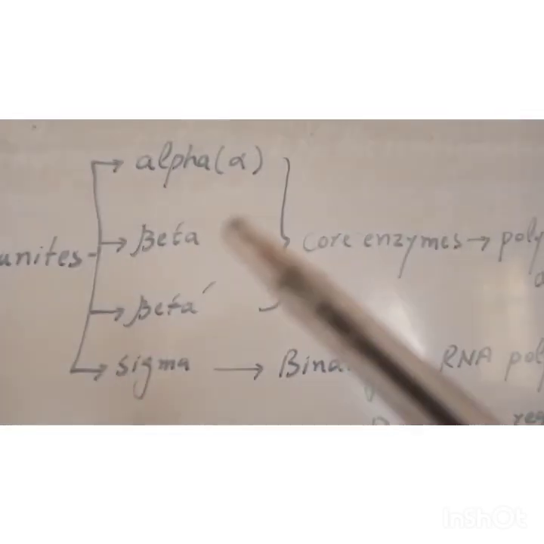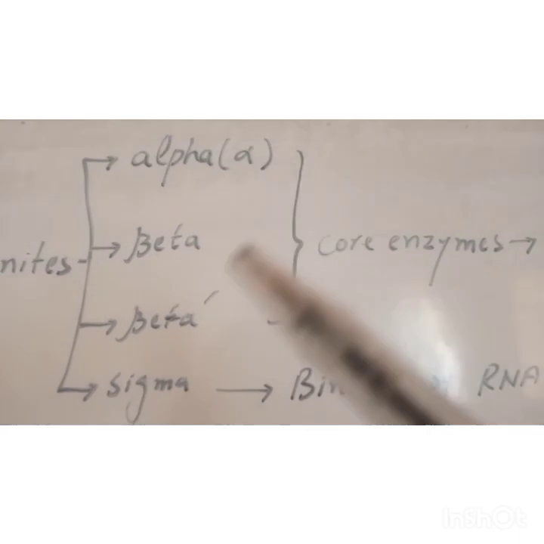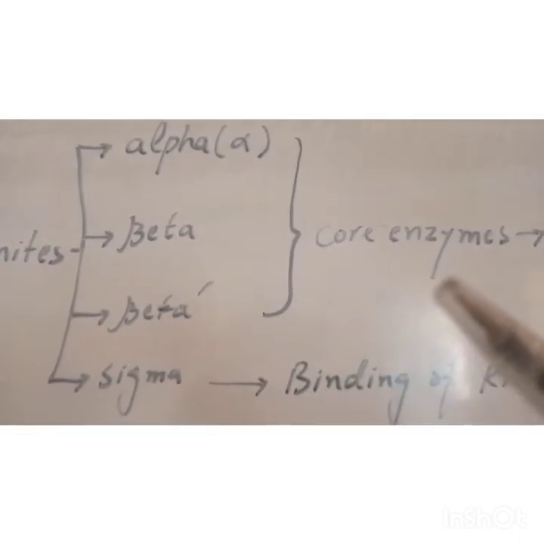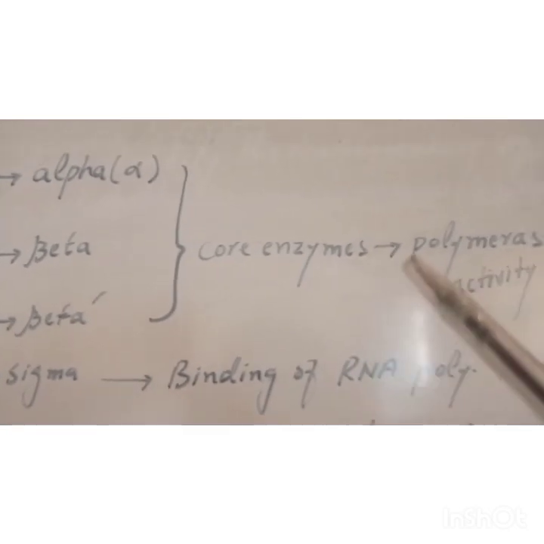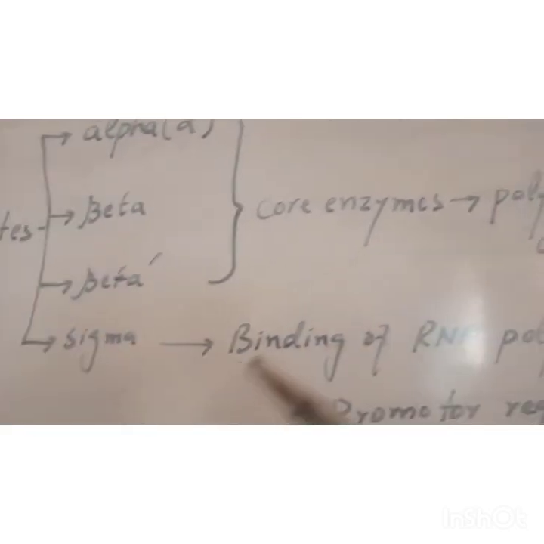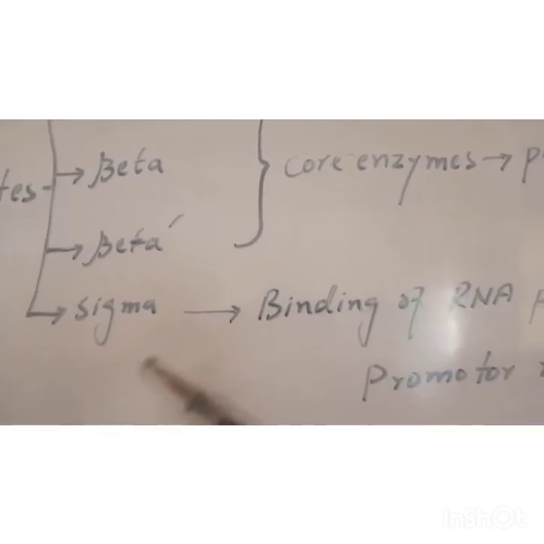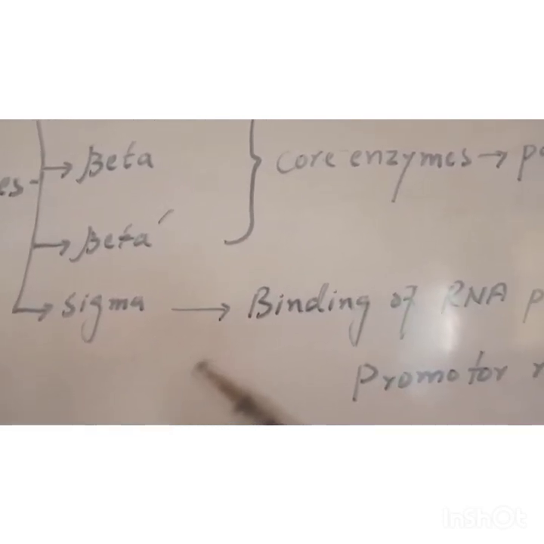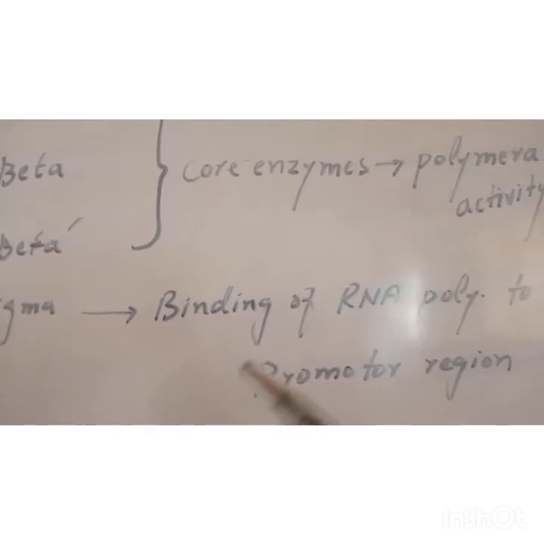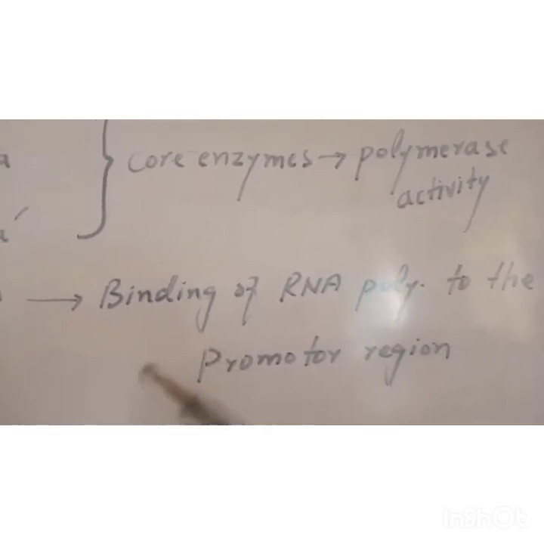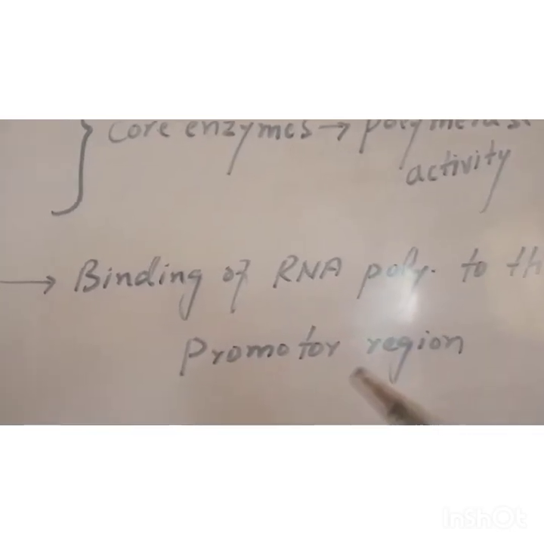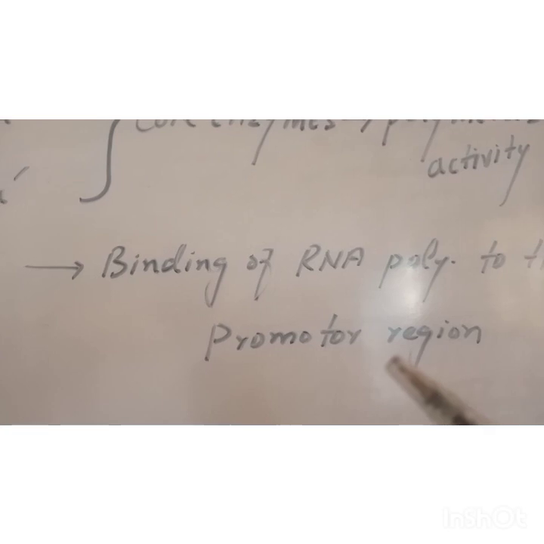The first 3, that are alpha, beta, and beta prime, are known as the core enzyme, and they help in the polymerase activity. While the fourth one, known as sigma, provides the binding site, that is, it helps in the binding of RNA polymerase to the promoter region.